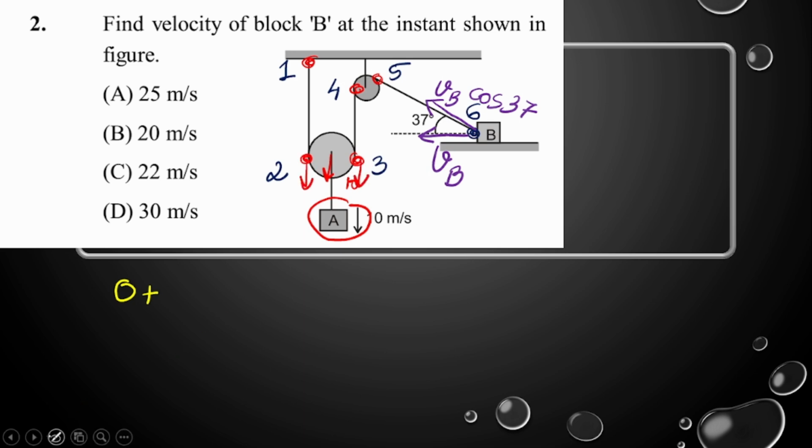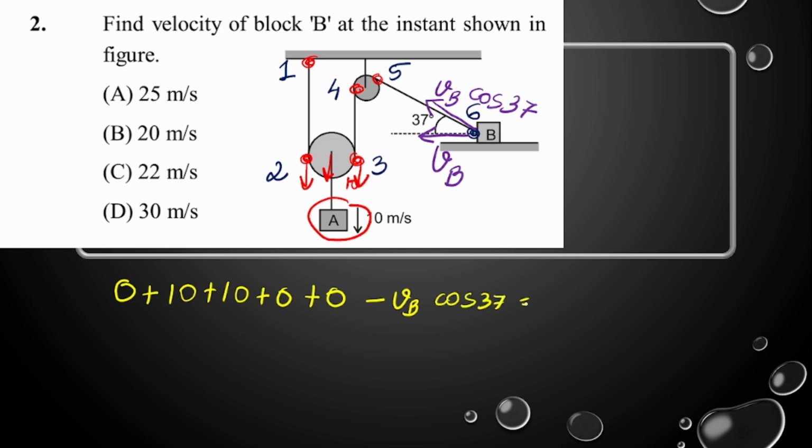So points 2 and 3 are increasing the length. So for point 2 I write plus 10, point 3 plus 10, point 4 is 0, point 5 is 0, and at last Vb cos 37 is decreasing the length, so minus Vb cos 37 equals 0.